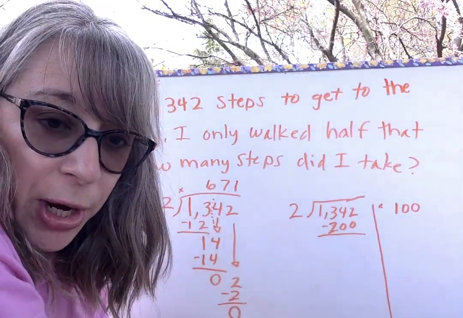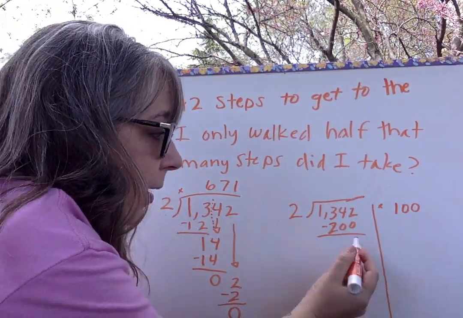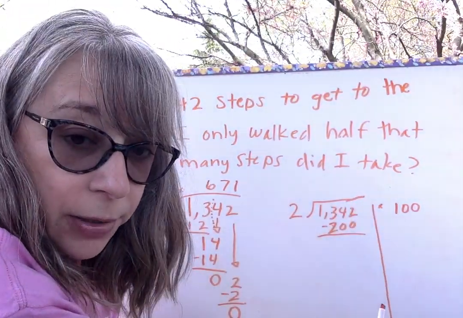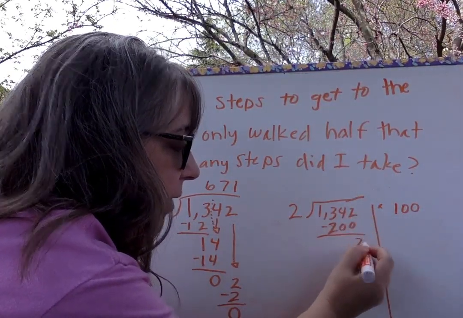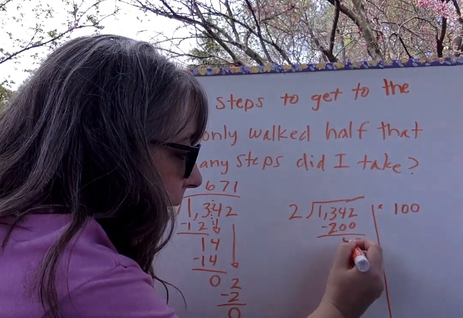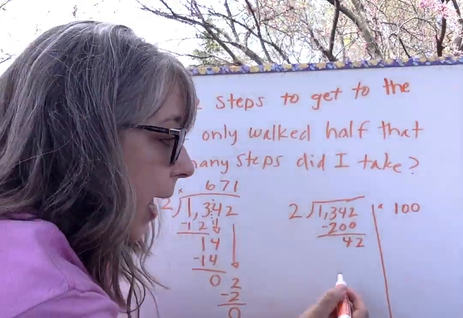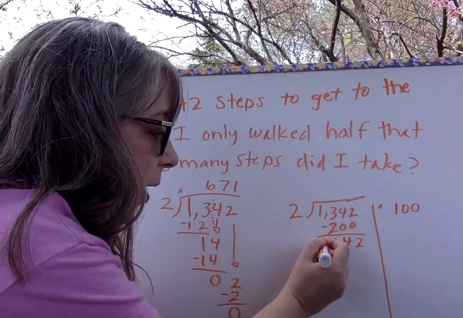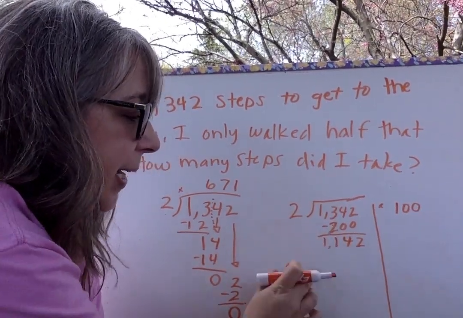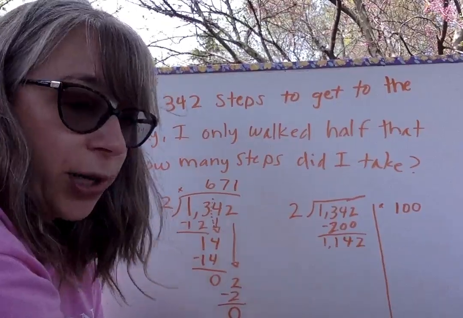And now we're just going to subtract. At some point you may have to borrow, I don't know, but right now we're not. So 2 minus 0 is 2, 4 minus 0 is 4, and 3 minus 2 is 1. And we still have to bring down this 1. So now our number is 1,142.